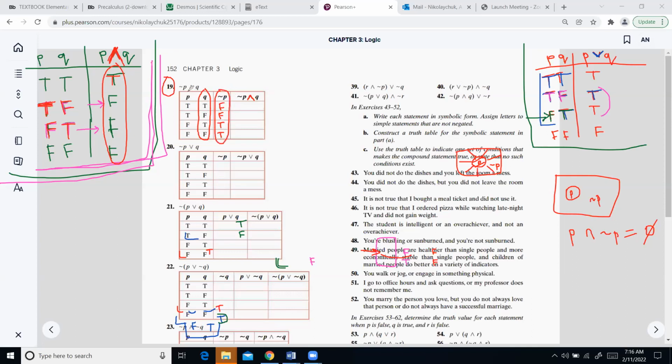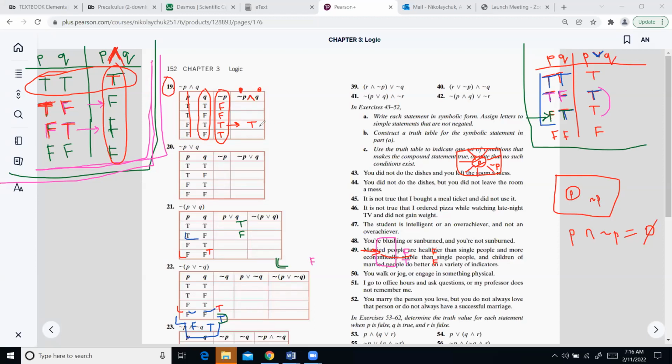I no longer care about P because here I have not P and there I have Q. So Q and not P. When I see both of them true, which happens to be here, you see, both true, the result is going to be true. That's my very first row. The only case when we get a true result is when both are T. And it's right there. So TT, we'll get a T.